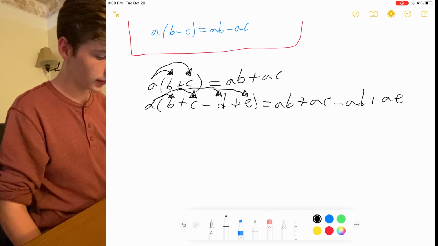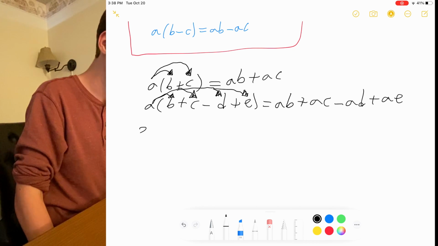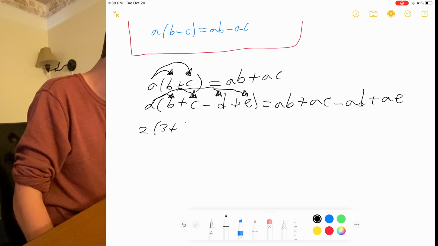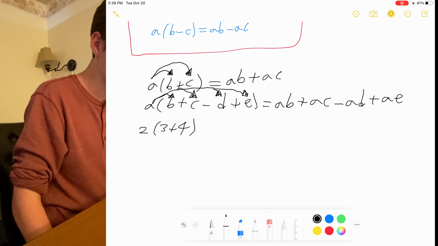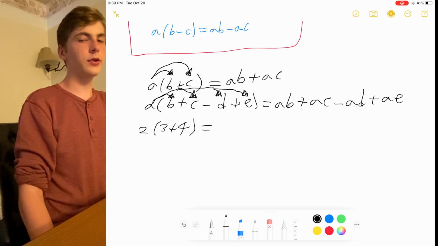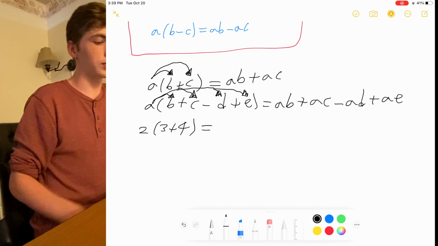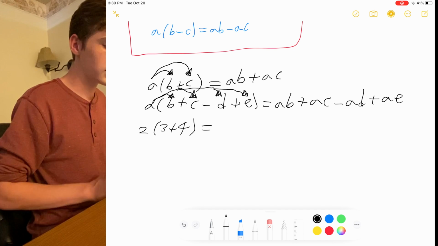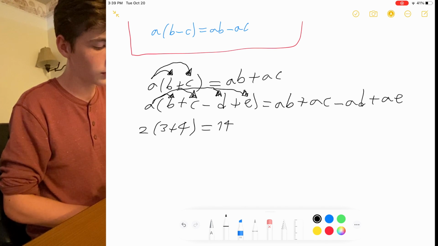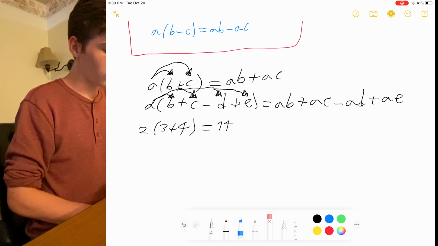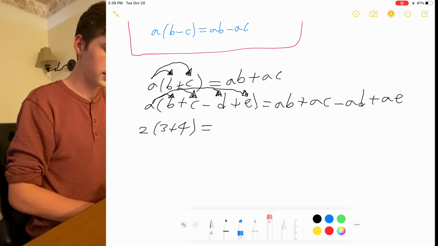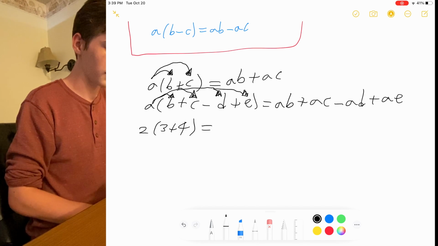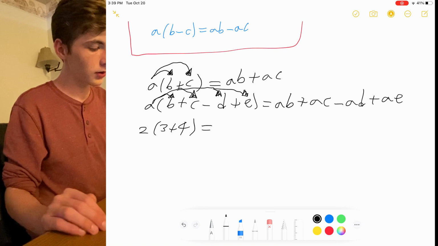So let's see this in action, right? So if I have 2 times (3 plus 4), right? If we just evaluate it ourselves in our minds, 3 plus 4 is 7, 2 times 7 is 14. So we know it should equal 14. But what if we use the distributive property instead of just evaluating it first?